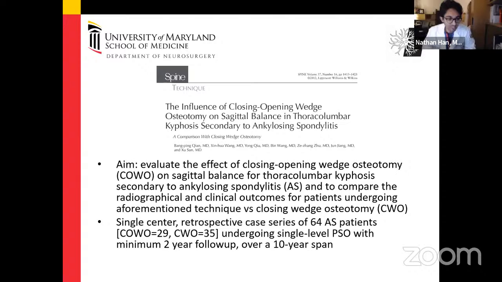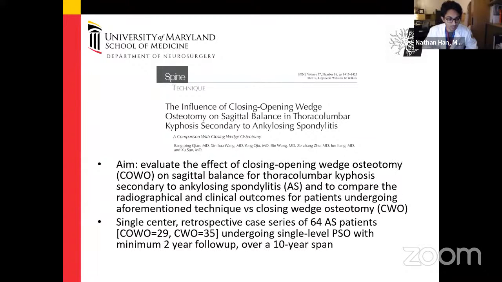Good morning. Thank you for having us. The last paper, again, as Dr. Sansur mentioned, is this Chinese study that's now about 10 years old, but again highlights the key points that we wish to convey during this conference. A comparison between closing opening wedge osteotomies and closing wedge osteotomies on the sagittal balance in thoracolumbar kyphosis secondary to ankylosing spondylitis.